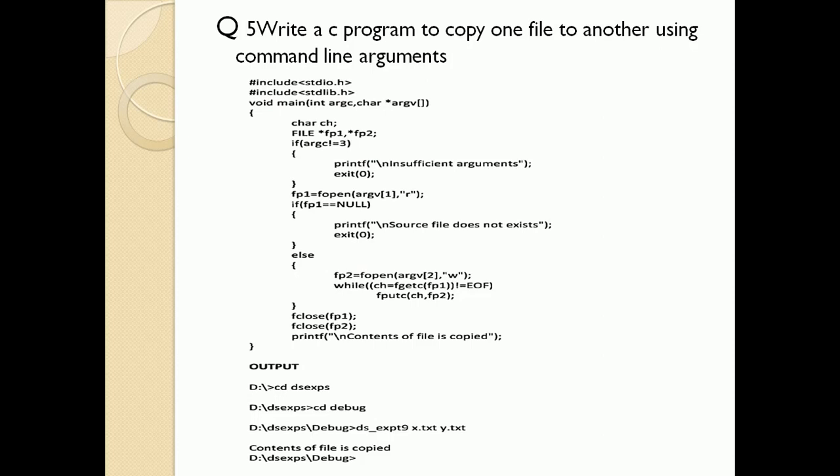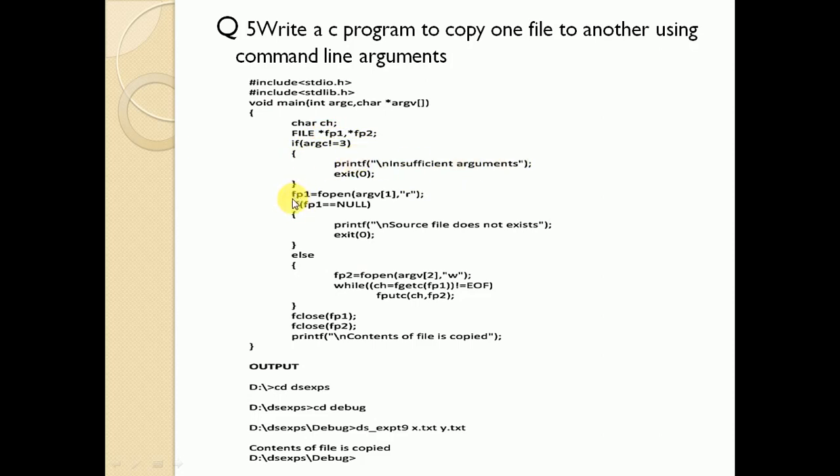So here we have taken variables, char ch, then FILE, where we have declared two file pointers, star fp1 and star fp2. Then we are checking the condition argc is not equal to 3. Then print insufficient arguments, then exit.